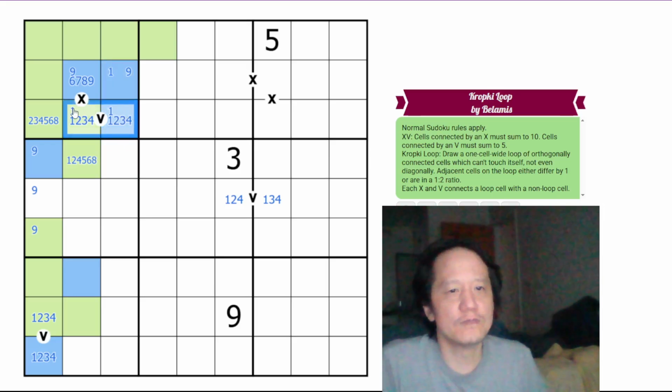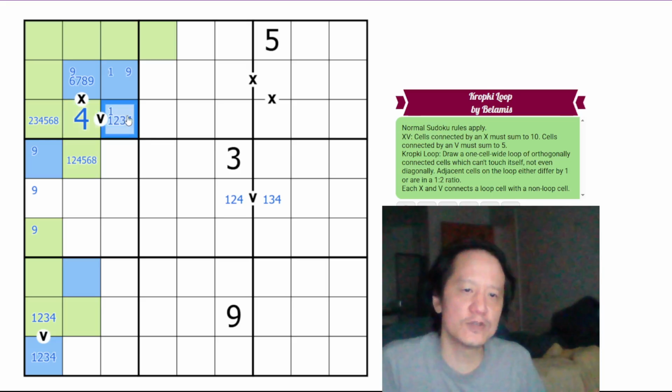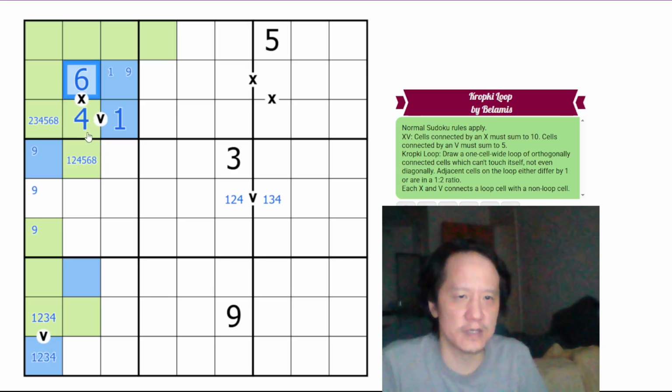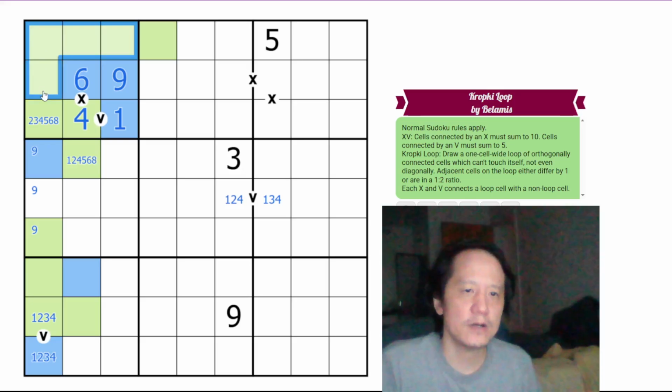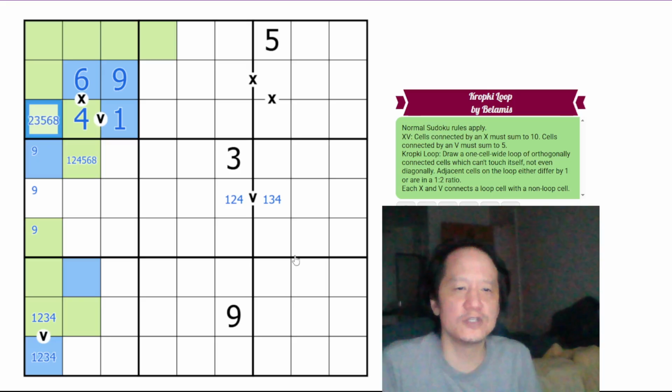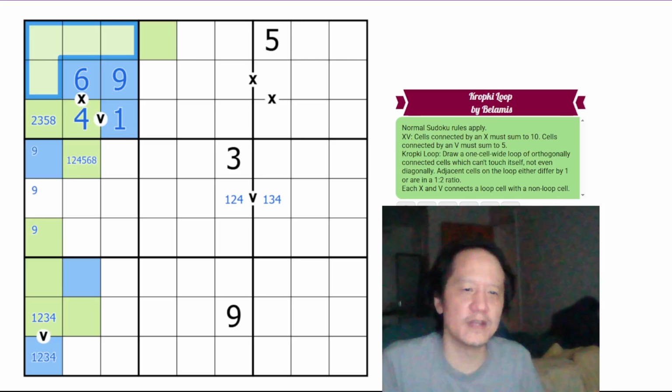If this is... Okay, so say this was 4. So if we made this 4 and that 1, this would have to be 6, and this would guarantee to be 9. But then the rest of the digits would have to be 2, 3, 5, 7, 8.